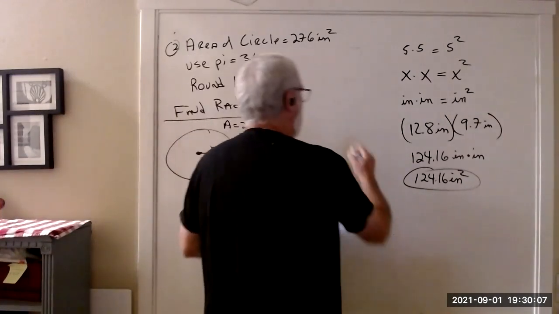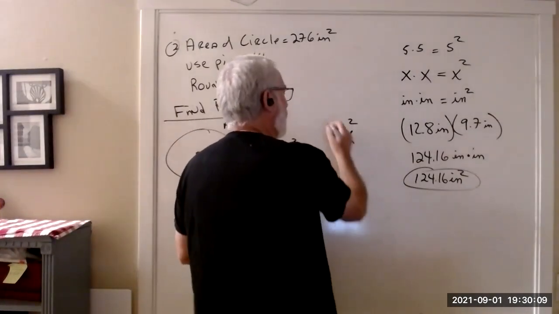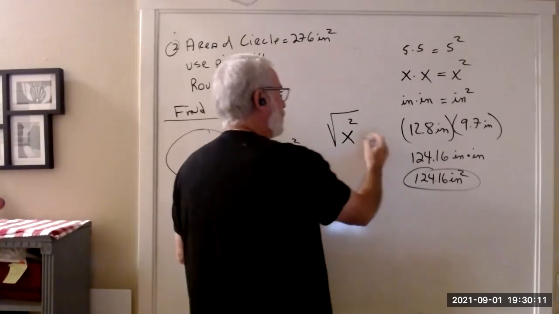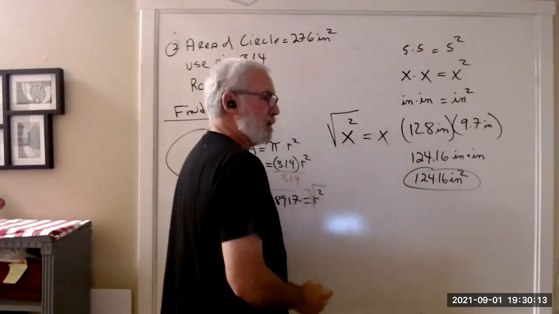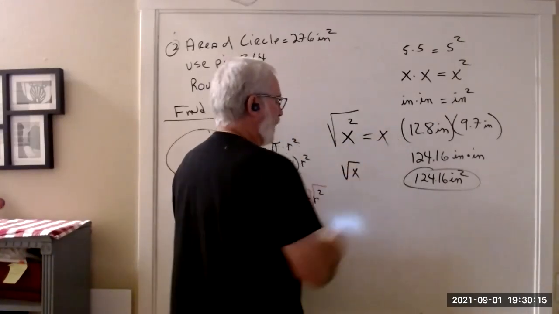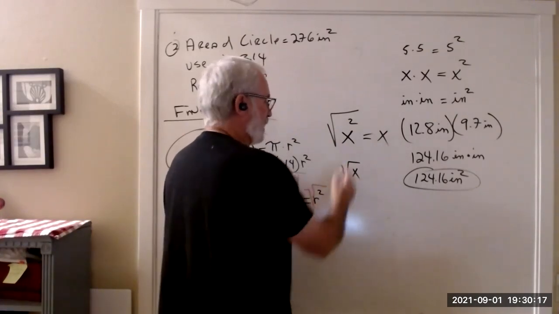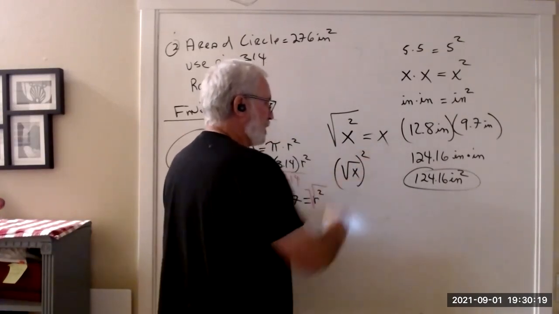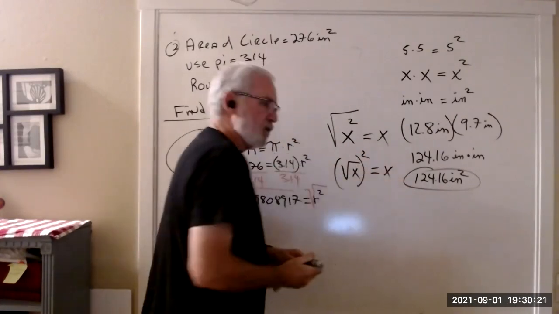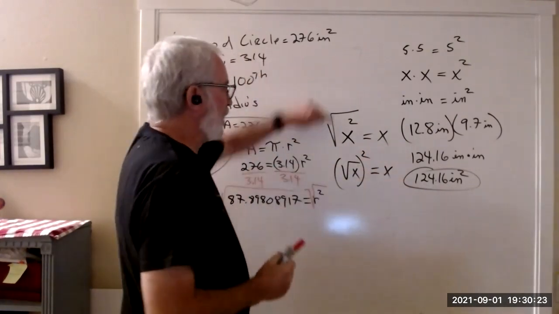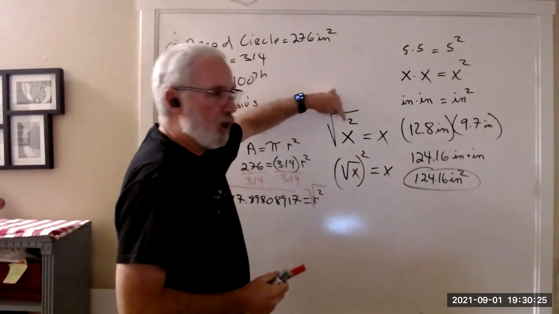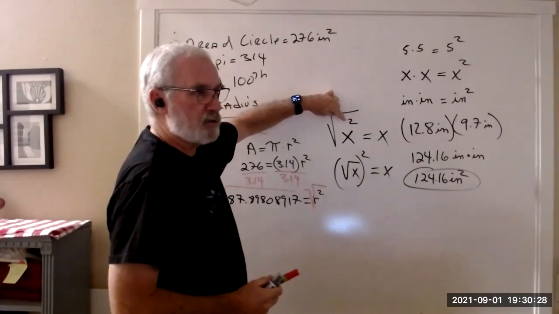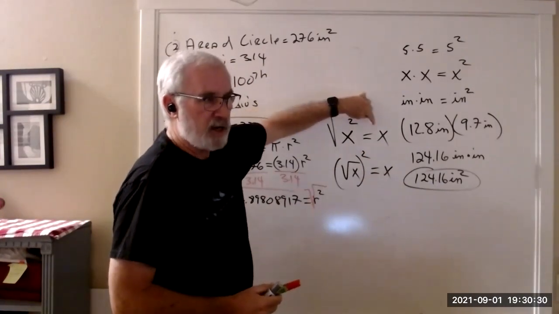Let me write that up. If you have x squared, but you square root it, you get x. If you have the square root of x, and you square power it, you still get x. Square roots and square powers always cancel each other out, and you get x.